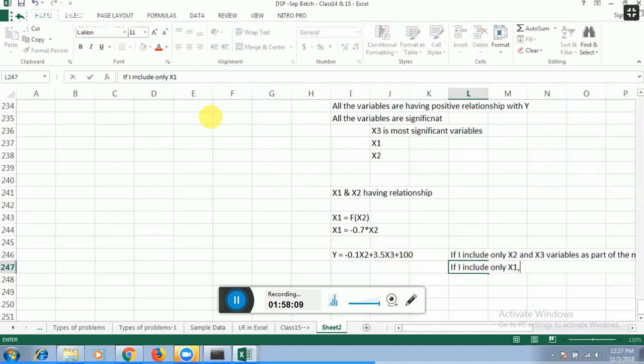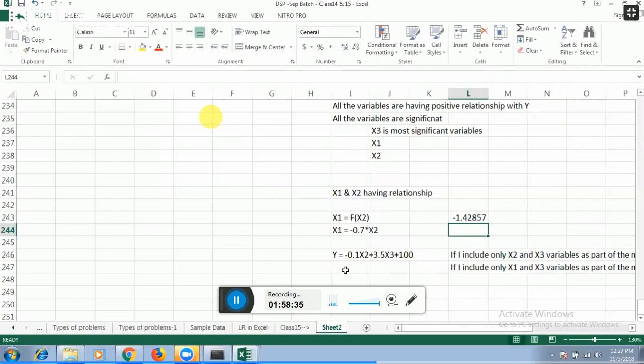Suppose I include only X1 and X3, what will my equation be? Instead of X2, we use minus 0.7, so 1 by minus 0.7, which is nothing but minus 1 by 0.7, that is minus 1.42.